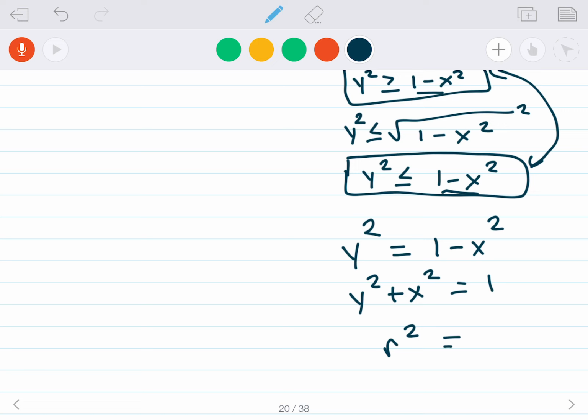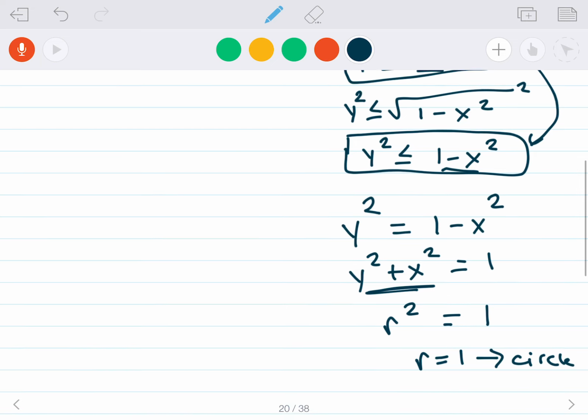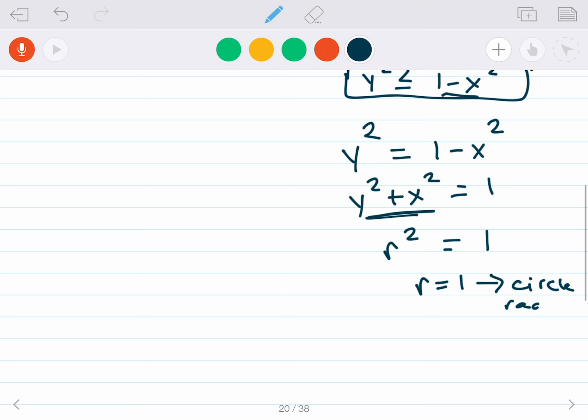So we get r squared is equal to 1, making that substitution in there. Taking the square root, we get r is equal to 1. So our region is a circle of radius 1 centered at the origin.